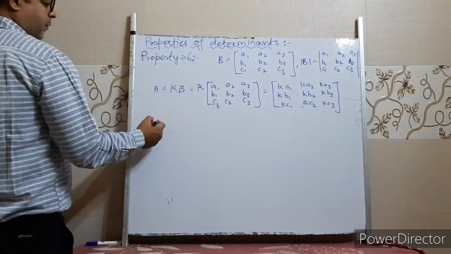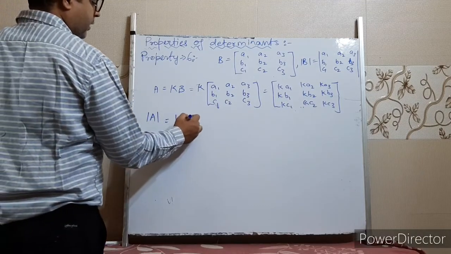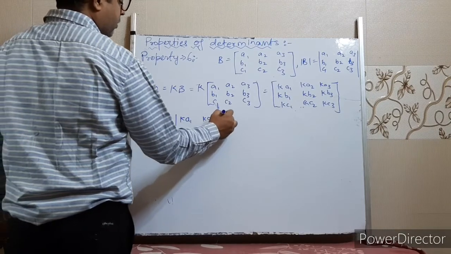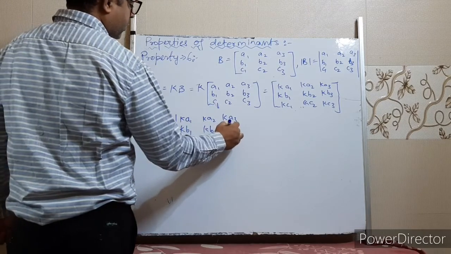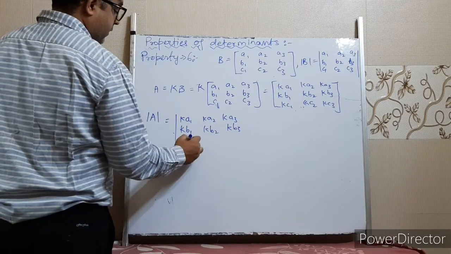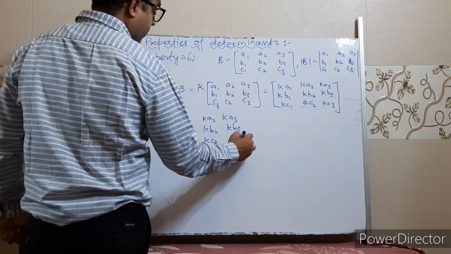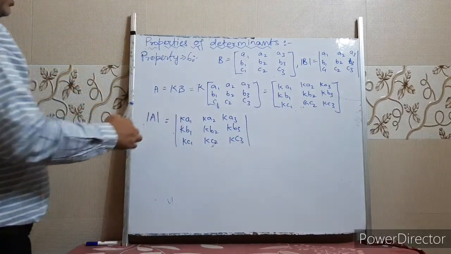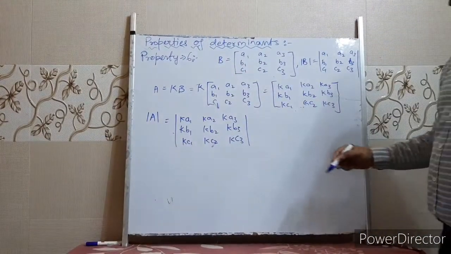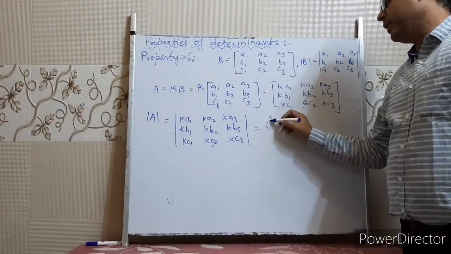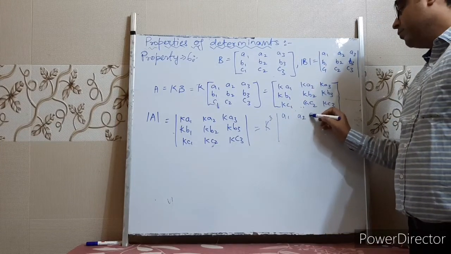Now, when we find the determinant of this matrix A, you can see that it will be K A1, K A2, K A3, K B1, K B2, K B3, K C1, K C2, K C3. Now you can see that we can take K common from row 1, row 2 and row 3. So K into K into K, K cube will come out, and inside the determinant we get A1, A2, A3.